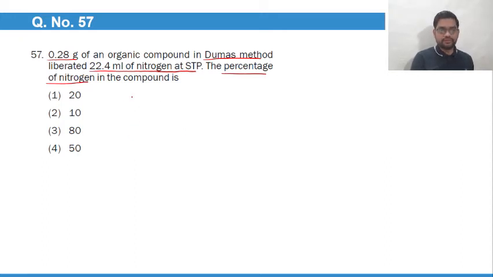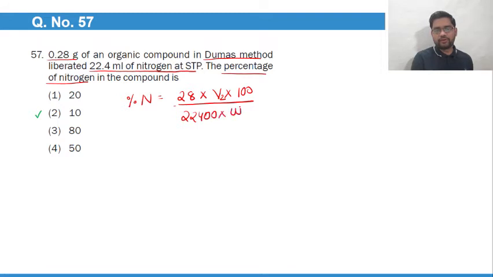So the formula will be percentage of nitrogen is equal to 28 times volume into 100, whole divided by 22400 into weight.